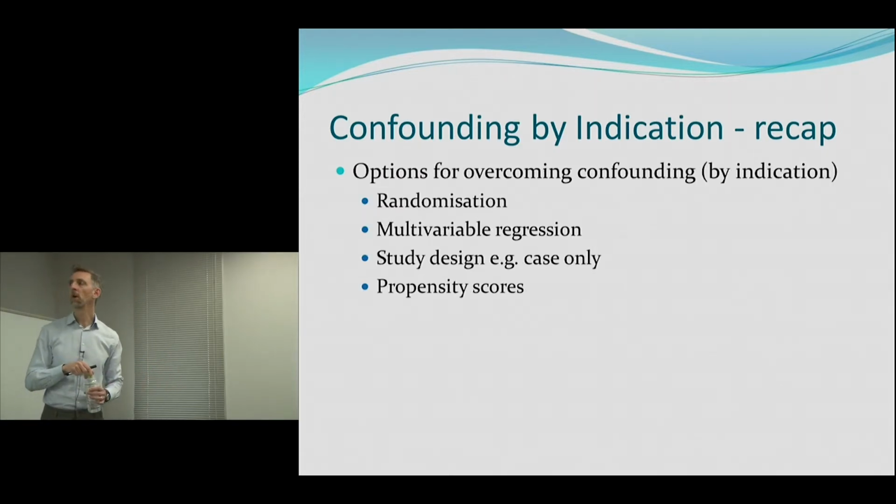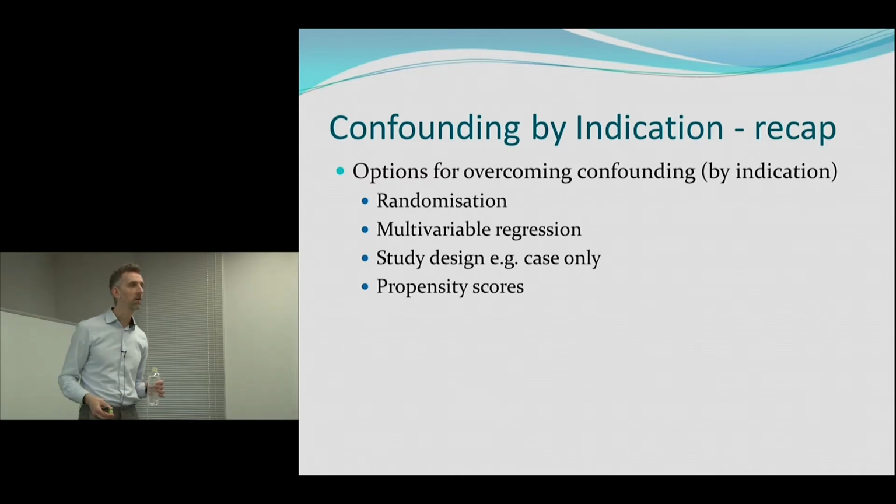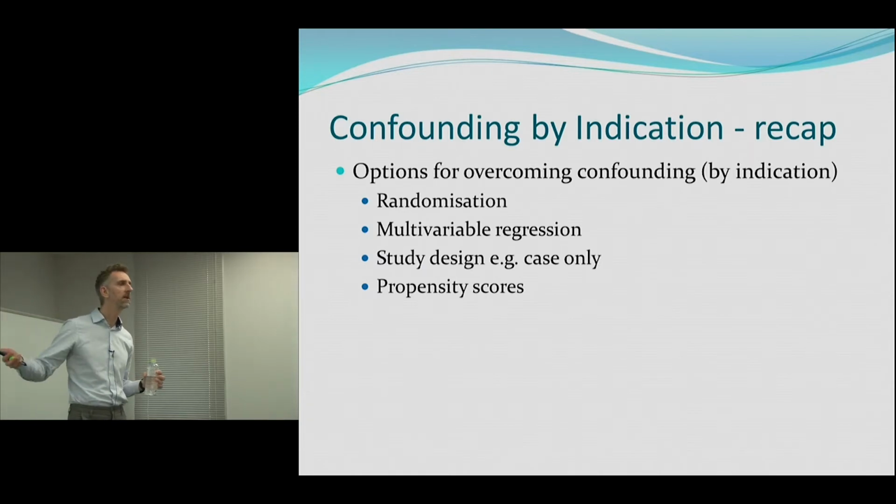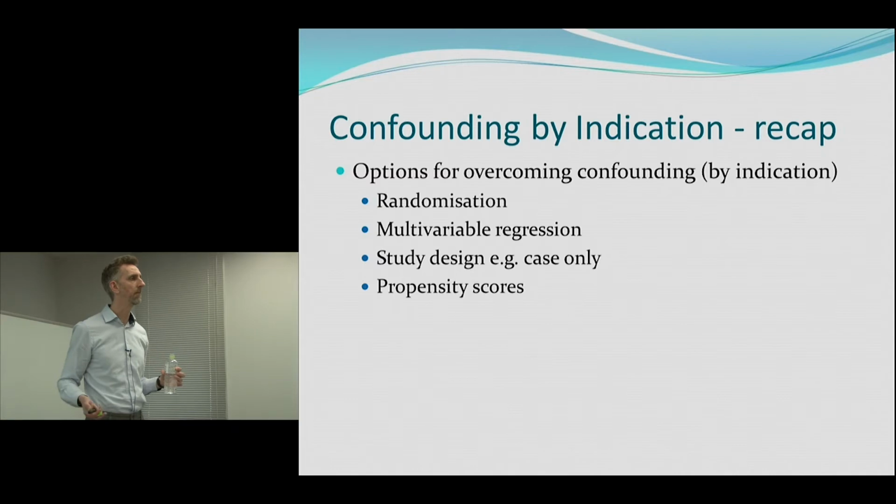So options for overcoming confounding of any kind are randomization, as we know, multivariable regression, we could use a case-only approach, as we talked about earlier, or we could potentially use propensity scores. There are other methods too, but these are four of the most common.